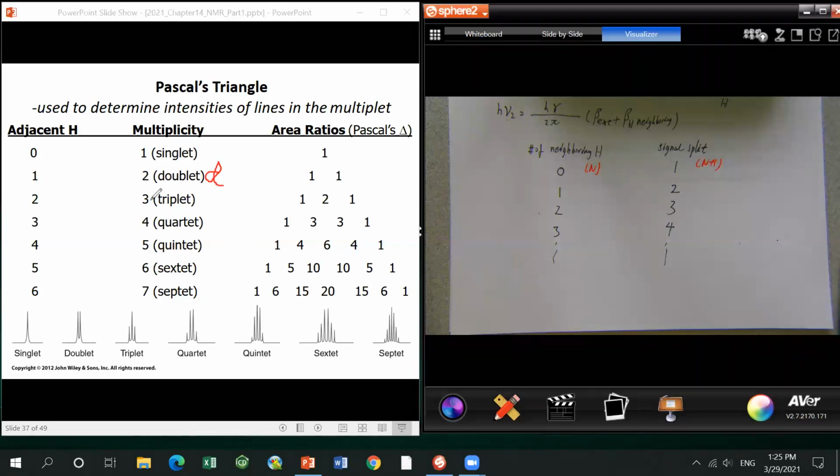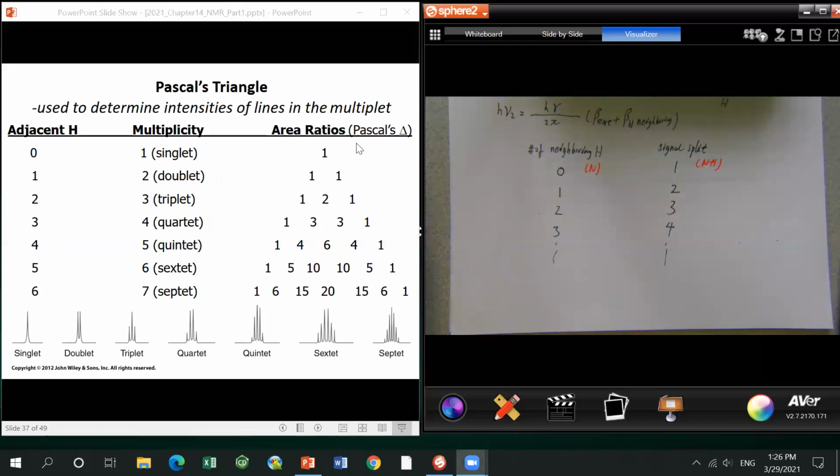Triplet, people use T. Quartet, four peaks, people use Q. Five peaks is a quintet, abbreviated QUIN. Six peaks is a sextet, abbreviated SEX. And seven peaks is a septet, abbreviated SEPT.